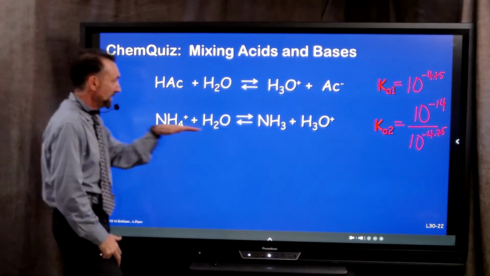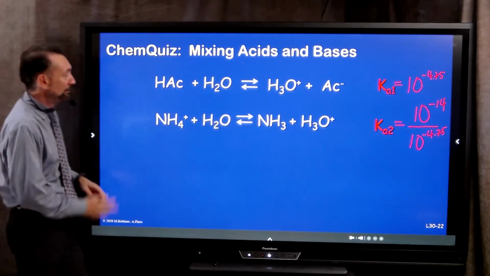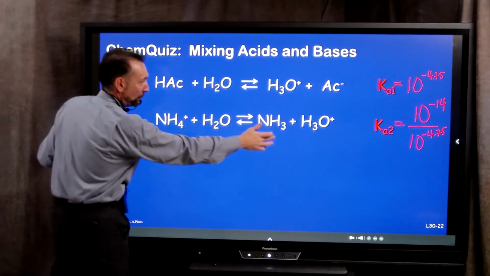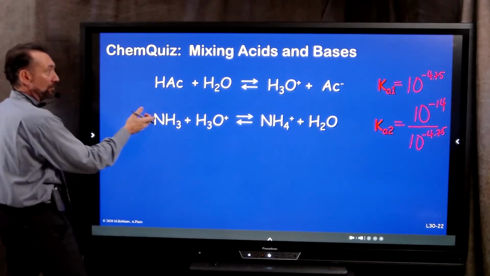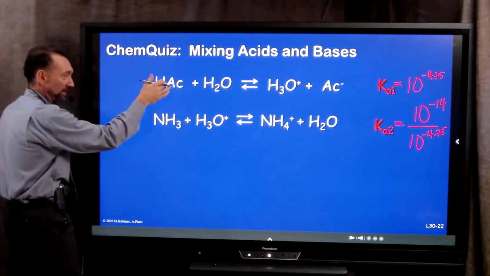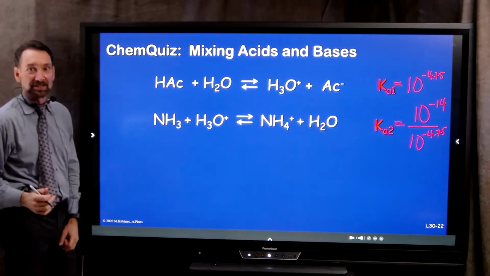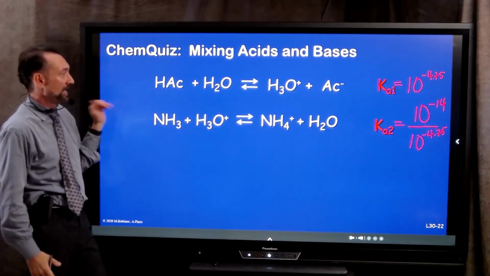So this conjugate acid expression I have. But what I want, I'm going to start in those conditions. What I want is to reverse this one, because what I want is the reaction of the weak acid with the weak base. So I just reversed this, and that's convenient.